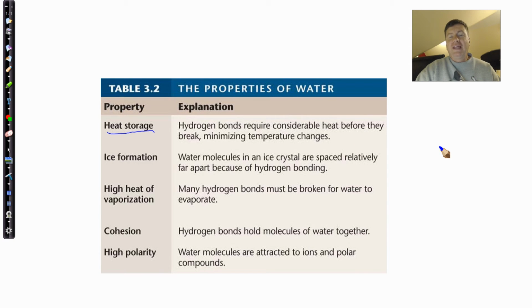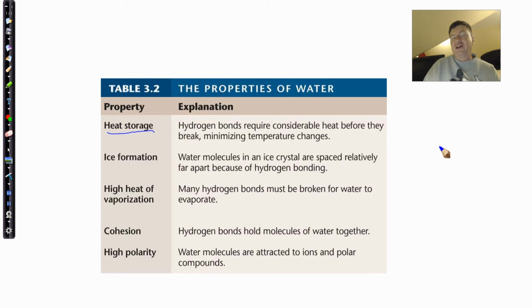Heat is really just the amount of movement of molecules. Hydrogen bonds require considerable heat before they break. If you have all of these things stuck together and you try to heat up water, it takes a long time and a lot of energy before you get these things to break apart. Water tends to stick together.